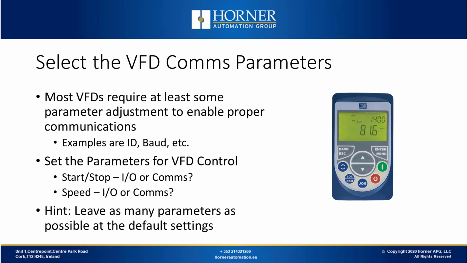There will be a number of parameters that you will need to adjust on the drive side from a communication standpoint. There will also be parameters that you need to change that aren't directly related to communications, but are related to where the drive is looking for its start-stop signal: the terminal, the network, or its own keypad. Almost all drives have parameters that allow you to select where those start-stop signals and speed control signals are coming from, so those will need to be adjusted through drive parameters as well.